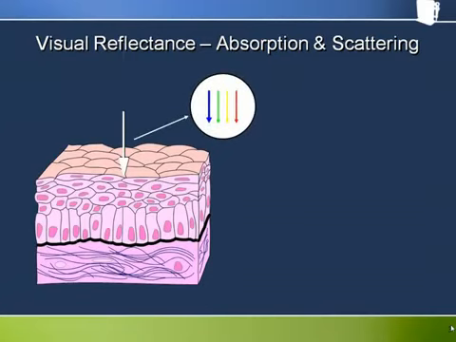The mechanism of visual reflectance, or what happens when we see things under white light with our naked eye, is shown here. The type of reflection that mainly contributes to how we perceive an object is so-called diffuse reflectance. This is where photons of light actually enter an object, get scattered or bounced around inside, and then come back out to our eye again.